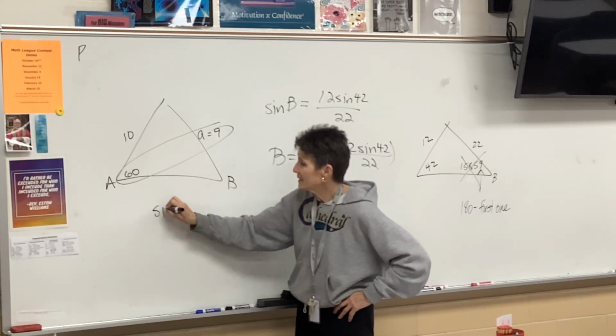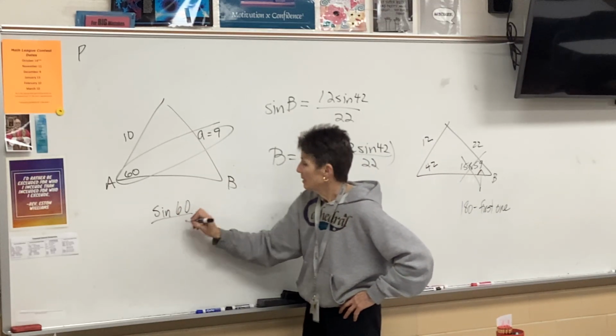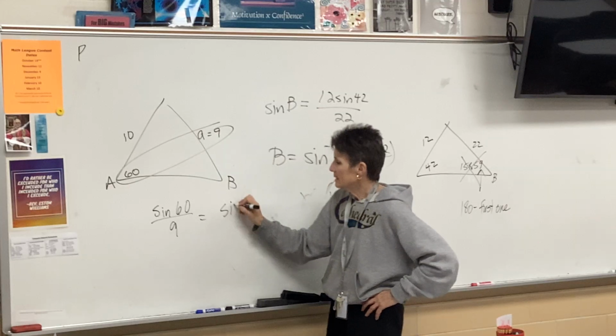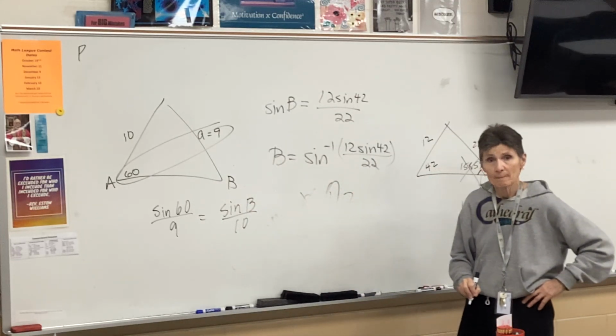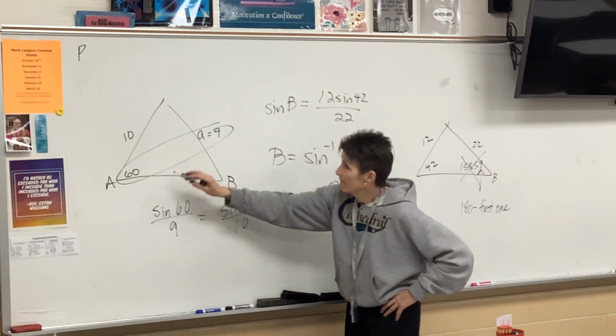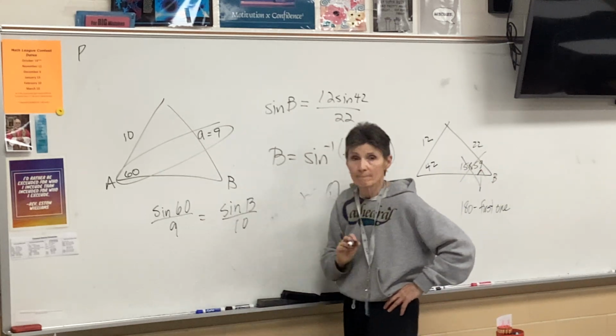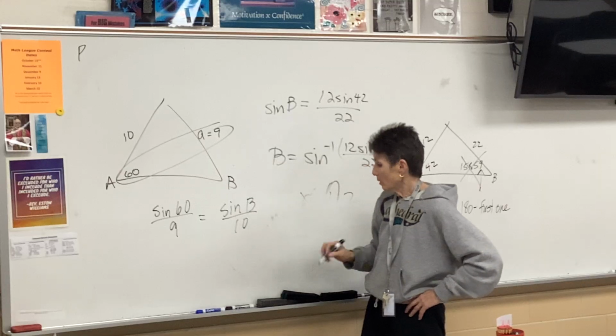So sine 60 over 9 equals sine B over 10. So I'll cross multiply.